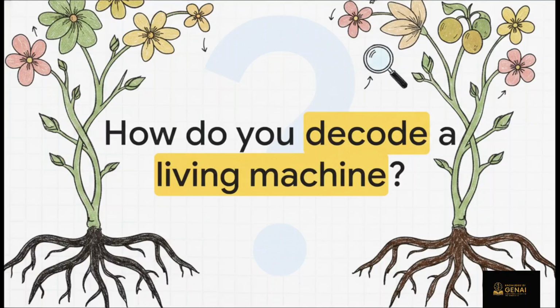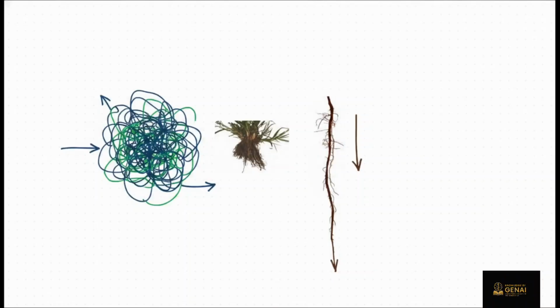Let's hit level 1. Plunging right below the surface, we immediately run into two very different structural strategies for anchoring these living towers. On one hand, you've got the taproot system, which is super typical of dicot plants, like mustard. It basically operates as this deep driving single main axis with smaller lateral roots branching off, kind of like a massive central support pylon.